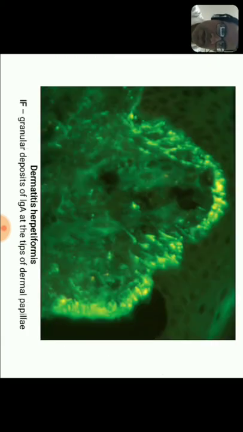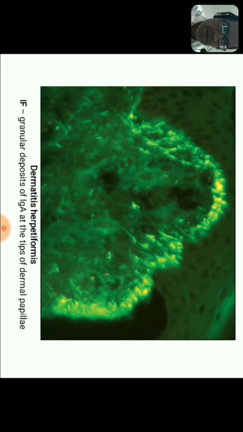Next is Dermatitis herpetiformis. This is again an autoimmune disorder in which you see granular deposits of IgA. Above this golden yellow color of immunofluorescence pattern is the epidermis, and the golden yellow deposit which you are seeing here is the immunofluorescence pattern present in the dermal papillae.